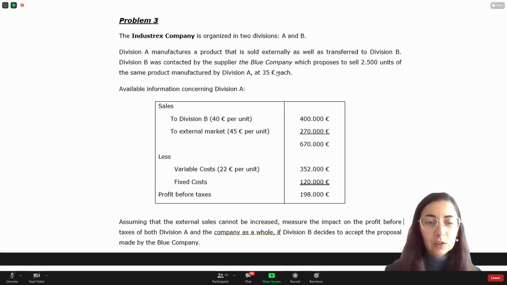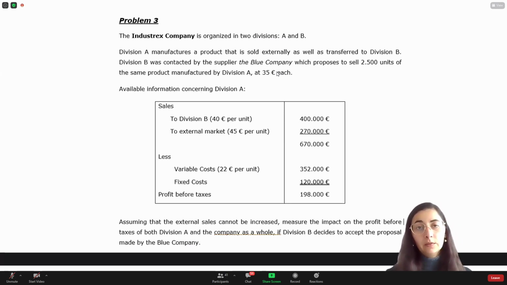Now, assuming that the external sales cannot be increased, measure the impact on the profit before taxes of both Division A and the company as a whole, if Division B decides to accept the proposal made by the external Blue Company. So, if Division A stops selling to Division B, it will not be able to sell these units to the external market. There is fixed demand on the external market.